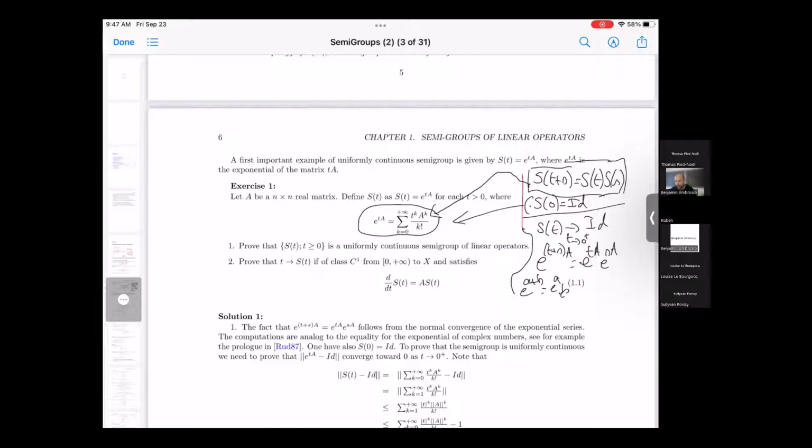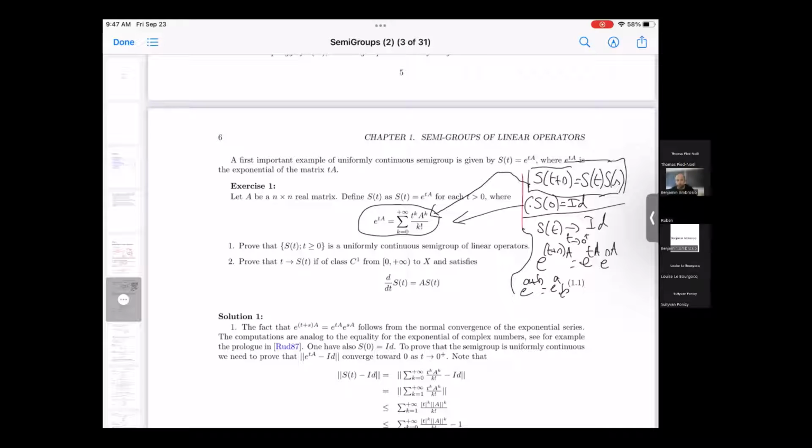This is a classical computation that follows from the series definition of the exponential. You can find it in any textbook, for example in the book of Rudin. And also from the series, you have that S at t equals 0 is the identity.